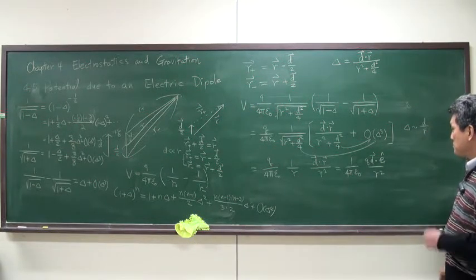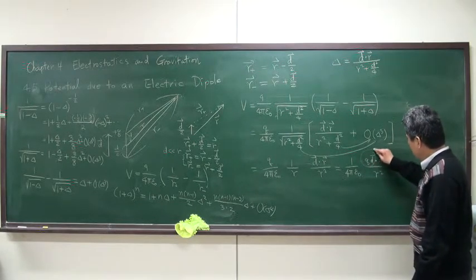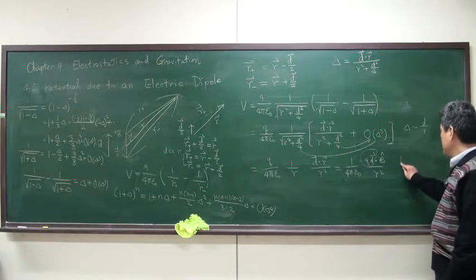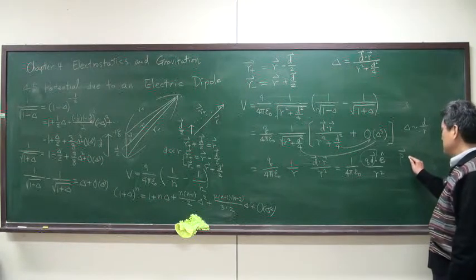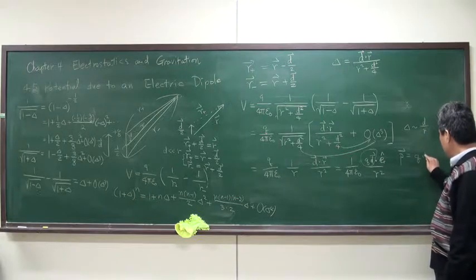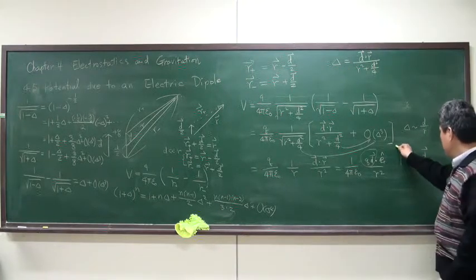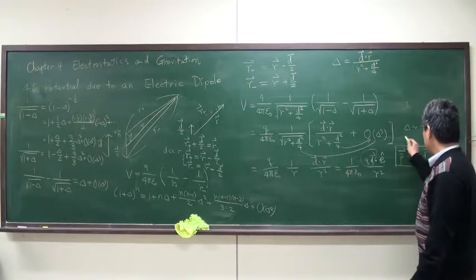Alright? So we call this one P, not momentum. P equals Q times the distance between the two charged particles. So electric dipole moment.